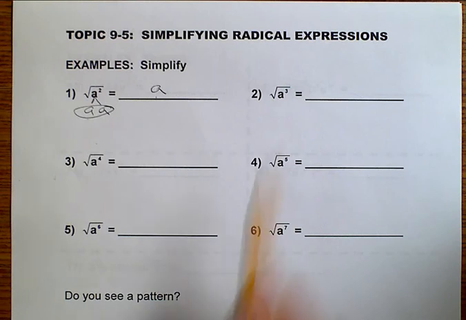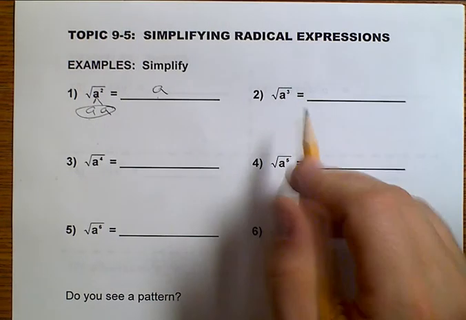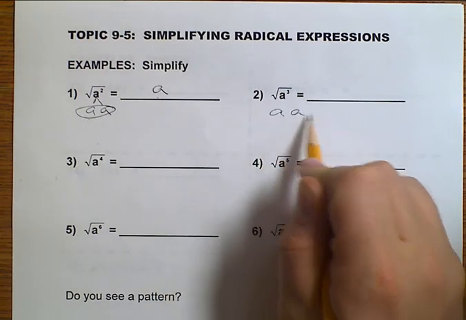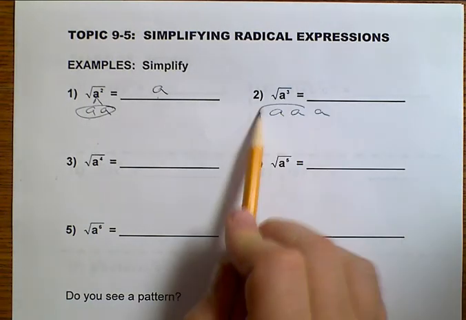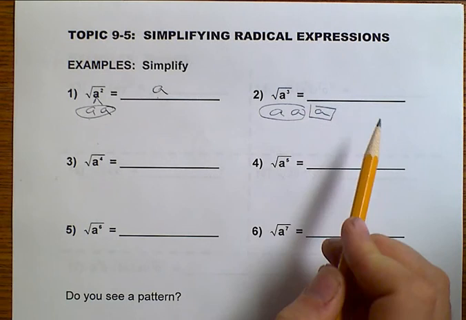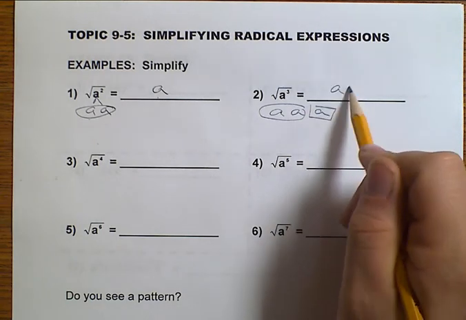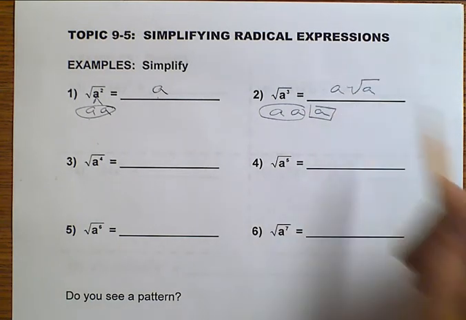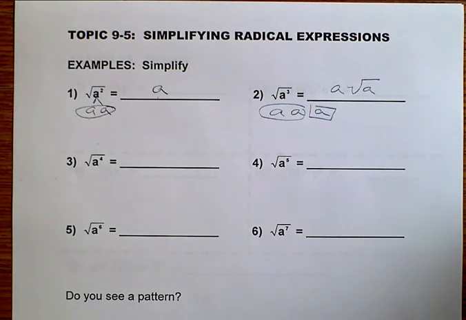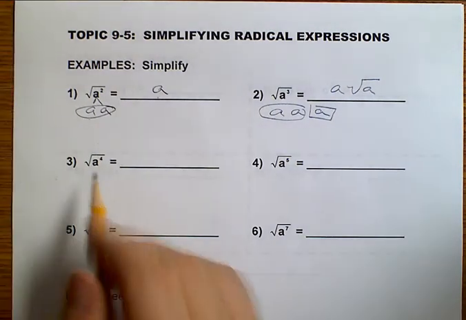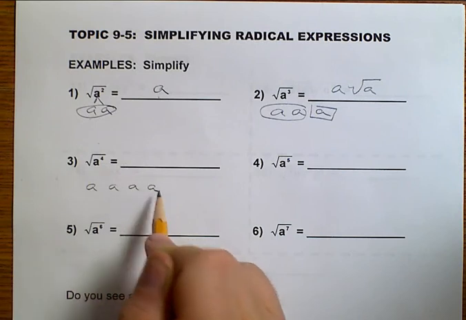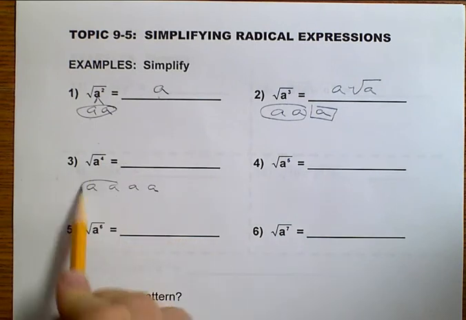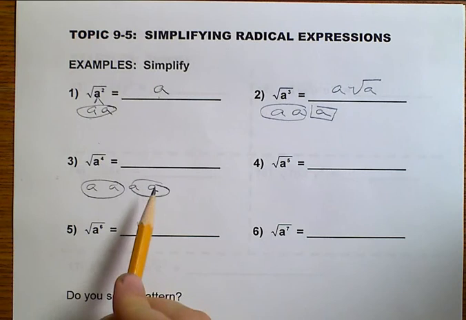If we look at a to the third, that's 1, 2, 3 a's. We have one pair with one left behind. So an a comes out and an a stays behind. If we look at this one, that's 1, 2, 3, 4 a's, which gives me two pair.